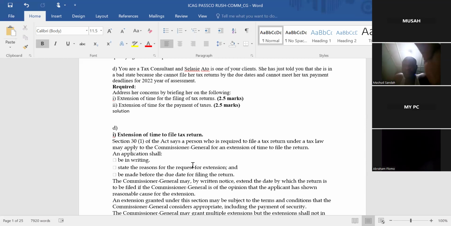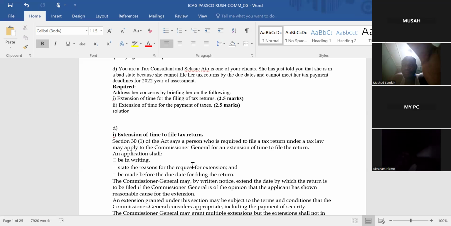The law says that, that is section 30, subsection 1 of the Income Tax Act. It says that a person is required to file a tax return under the tax law to the Commissioner General. But if you are unable to, before the deadline, you don't wait till the 15th and then send a letter to the Commissioner General asking for extension.